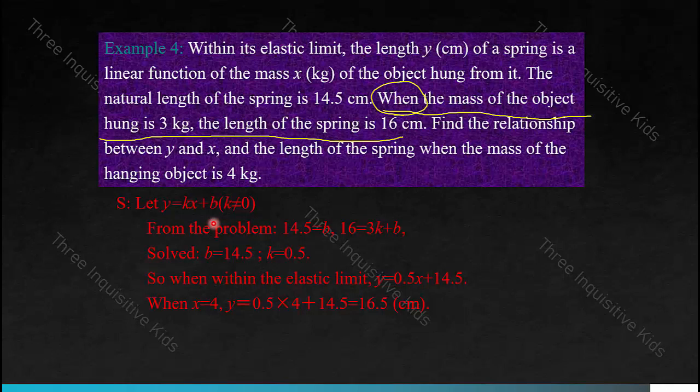Now we're trying to find the length of the spring when the mass of the hanging object is 4 kilograms. All we have to do is substitute the value of 4 in place of x, and we get y is equal to 16.5 centimeters. Therefore, the length of the spring when the mass of the hanging object is 4 kilograms is 16.5 centimeters.